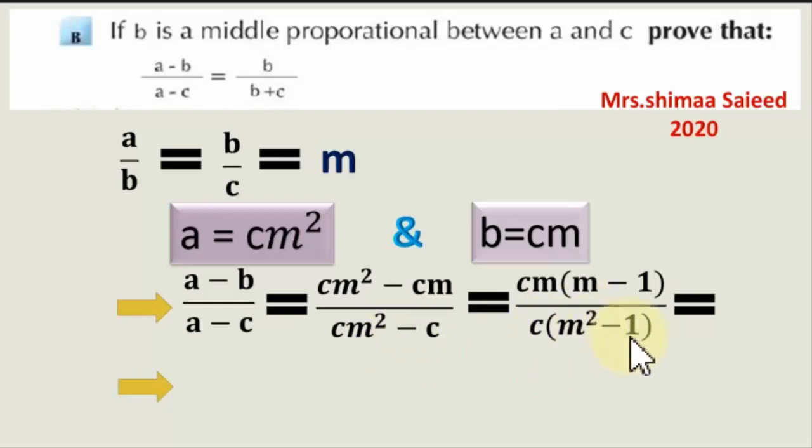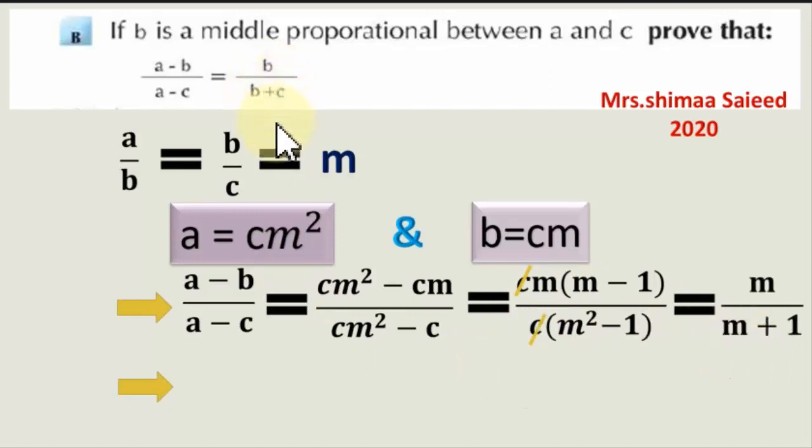Now we can factorize m squared minus 1 to (m minus 1) times (m plus 1). Then cancel m minus 1 and cancel C. So the result is m over (m plus 1).